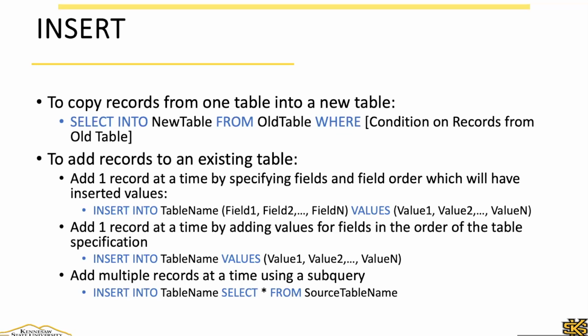Additionally, we can also insert multiple records at once using a subquery. In this case, the syntax would be insert into followed by the table name, with the subquery using a select from statement. The subquery can also be more complex if needed.